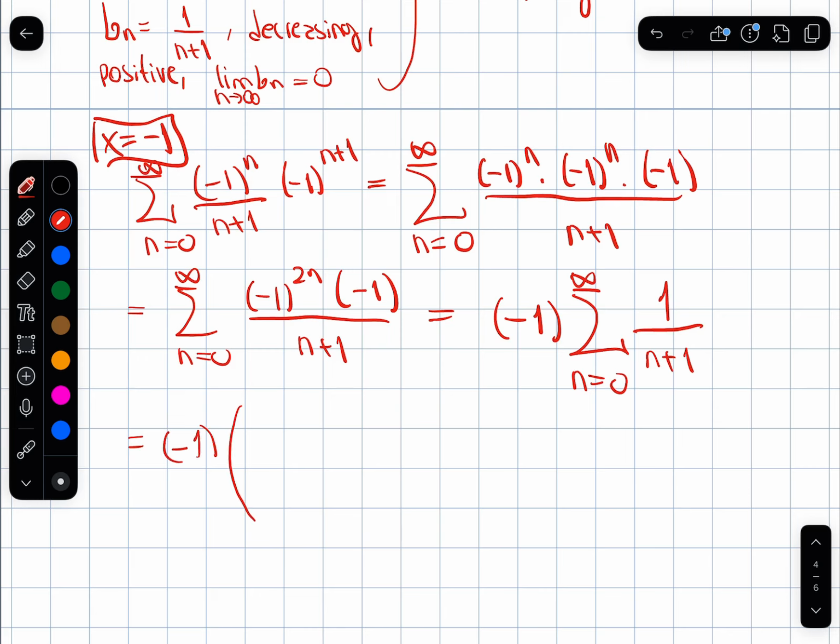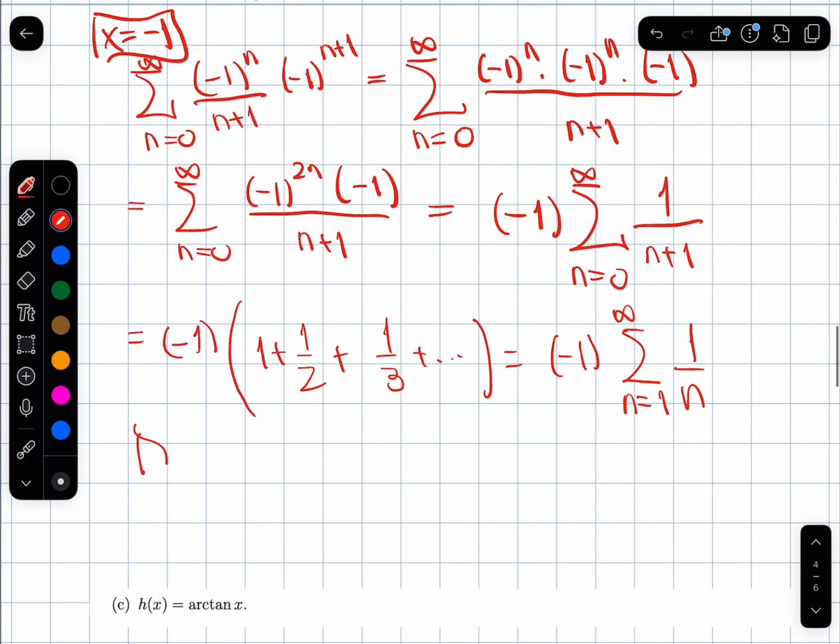If I open big parentheses, when n equals 0, this is 1. When n equals 1, this is 1/2. When n equals 2, this is 1/3. And so on. So, again shifting, starting at 1 now, this is exactly the harmonic series, which diverges because it's harmonic.